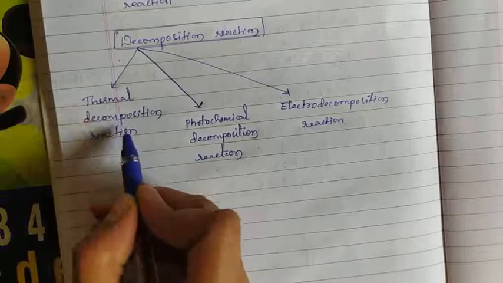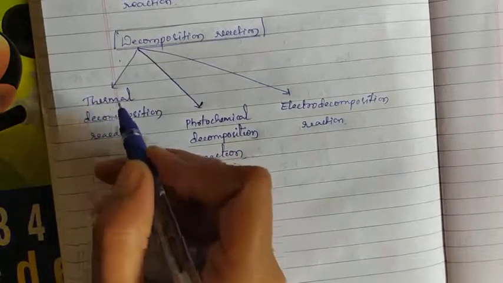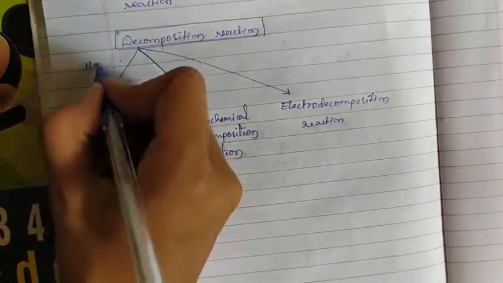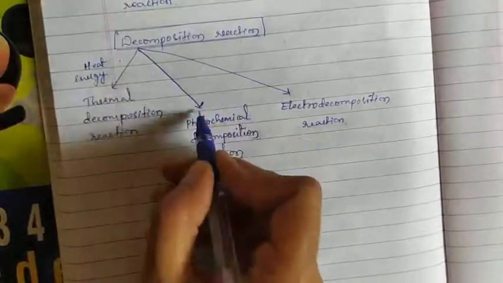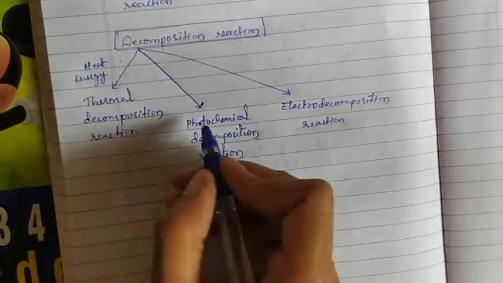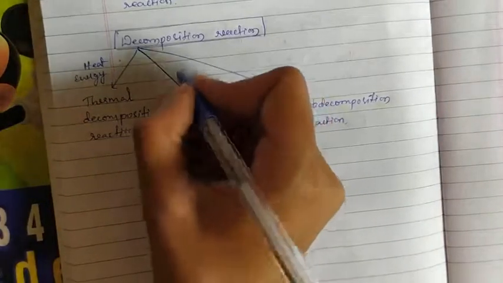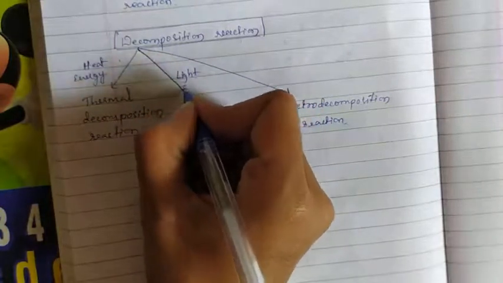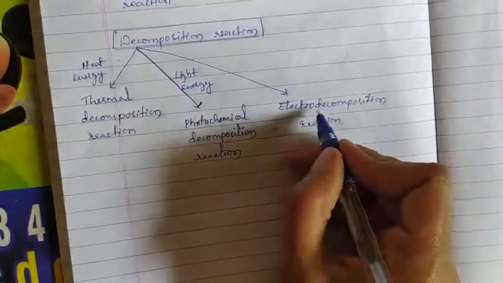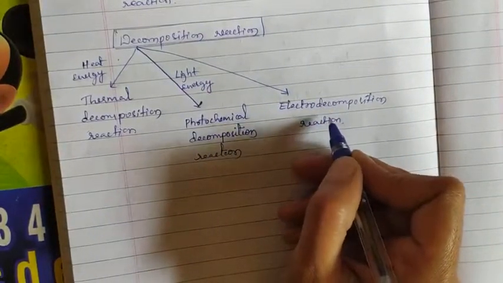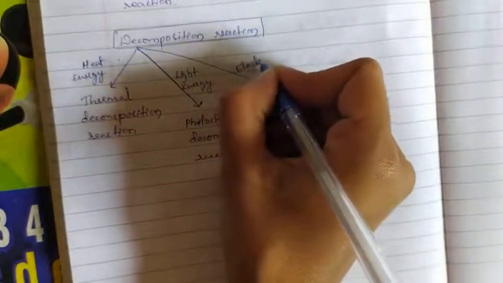In thermal decomposition reaction, decomposition of a substance takes place by absorbing heat energy. In photochemical decomposition reaction, decomposition of a chemical substance takes place by absorbing light energy. In electrodecomposition reaction, decomposition of a substance takes place by absorbing electric energy.